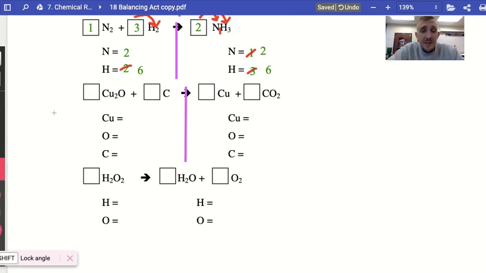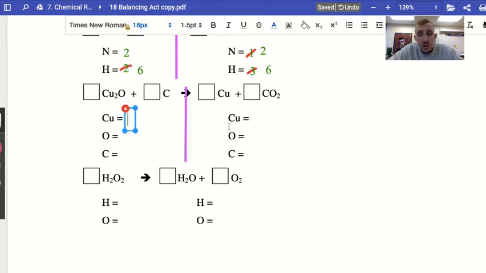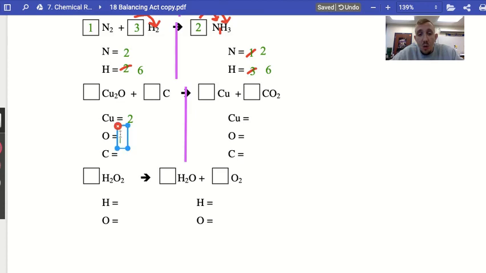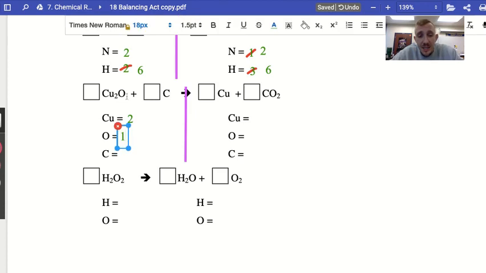So looking at the left side, you should have 2 coppers, because there's a subscript of 2 here. You should have 1 oxygen, because it doesn't have a subscript, so we assume it's 1. And then carbon also has 1, because it does not have a subscript with it.